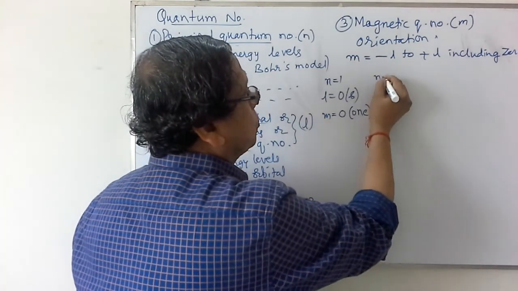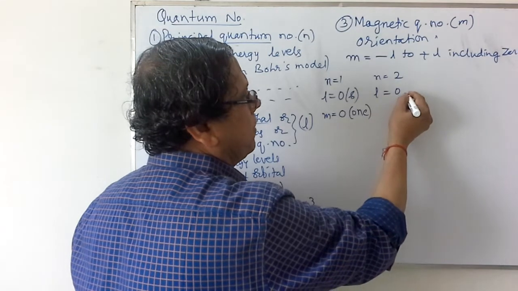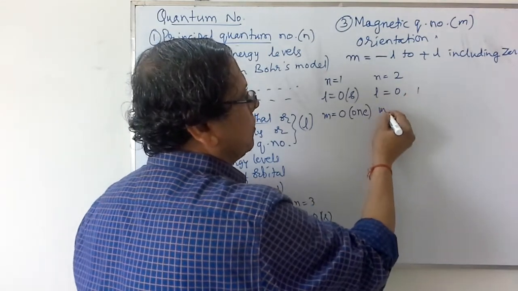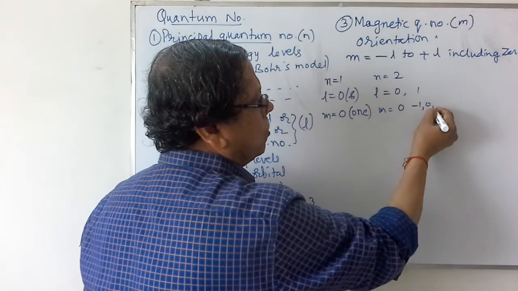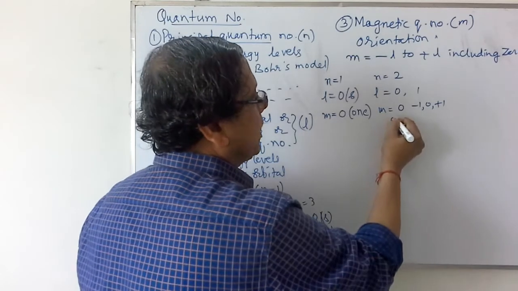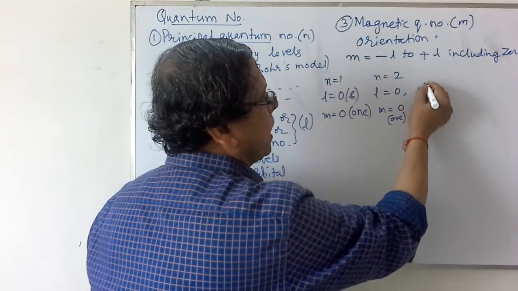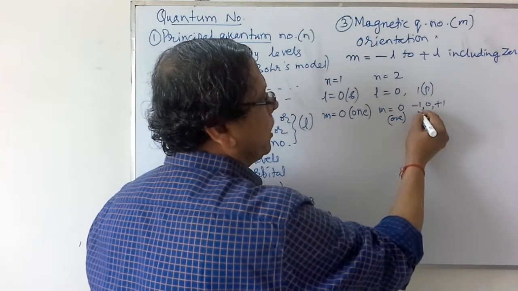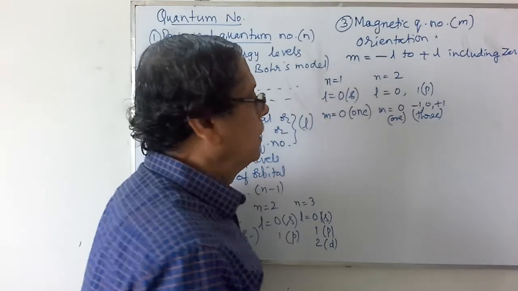And when n is equal to 2, l can have the values of 0 and 1. m can have the value 0 for the first one, and minus 1, 0 and plus 1 for l equal to 1. So this indicates one orientation for the s subshell, and the p subshell has 3 orientations.